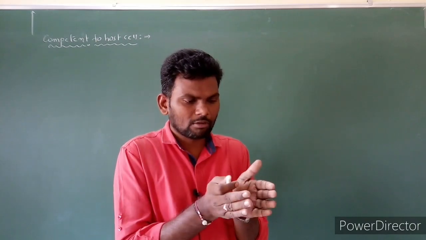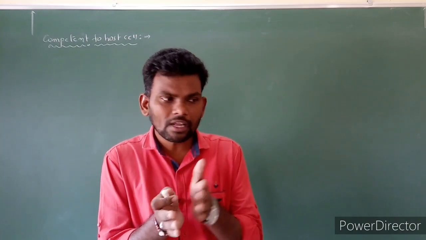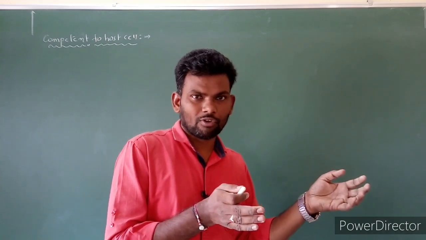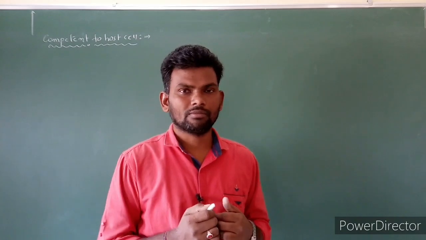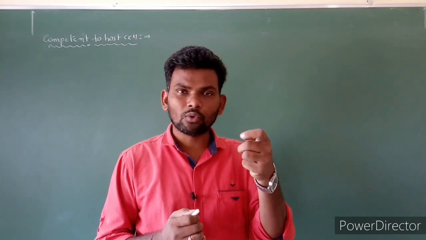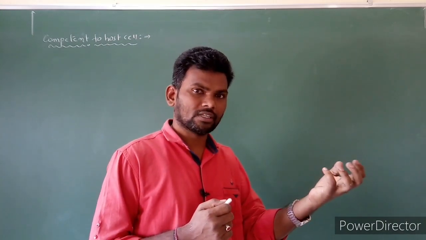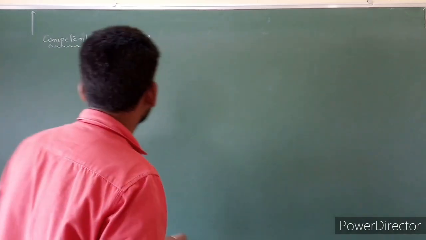Then if you keep the plasmid beside the E. coli cell, this E. coli cell is not going to receive the plasmid from outside the environment to inside the E. coli cell. That is actually a problem. So to overcome this problem, we have to give treatment to the host cell. Then only it receives the DNA from outer side to inner side of the cell. Got my point? Let's write.